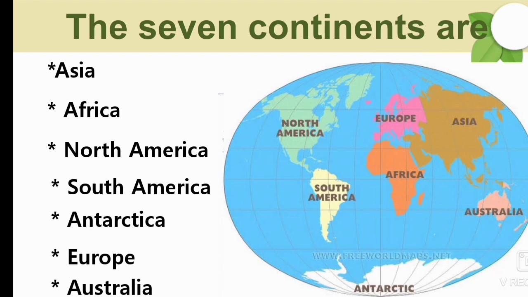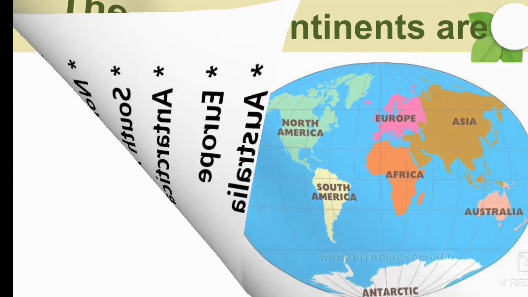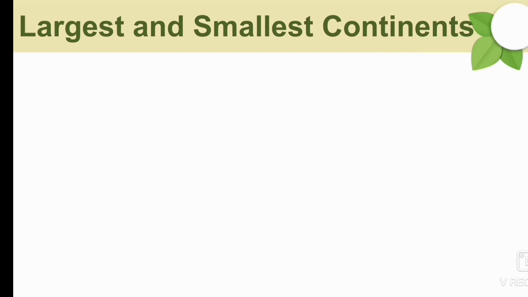Once again I repeat, students, Asia, Africa, North America, South America, Antarctica, Europe and Australia are the 7 continents located on the earth's surface. Next is largest and smallest continents.